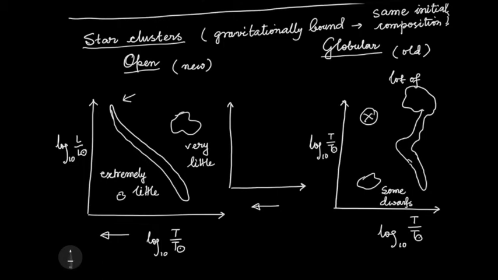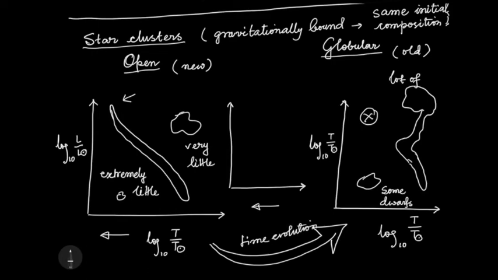so now as you can see that there is an evolution between here to here. There is a time evolution. So the stars do evolve, because when I look at open cluster, I look at the newer stars, their HR diagram is different from the HR diagram of the globular cluster where I have older stars.